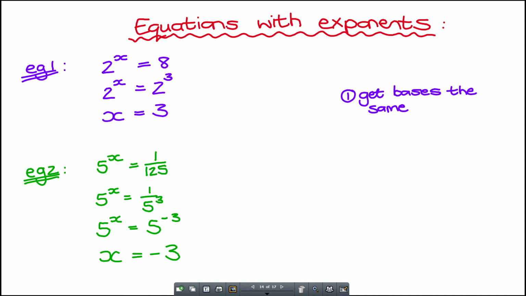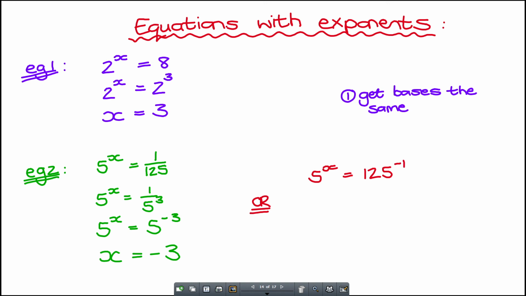Okay, I'm just going to quickly show you an alternative method. One of the kids in the other class said they want to first change that. Now, 1 over 125 is the same as 125 to the power of minus 1.